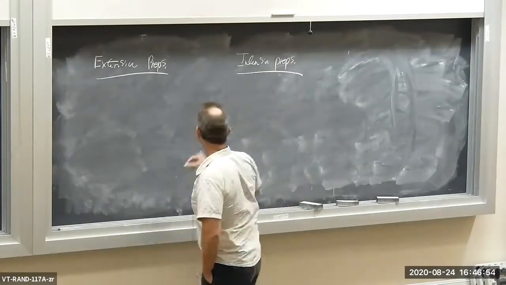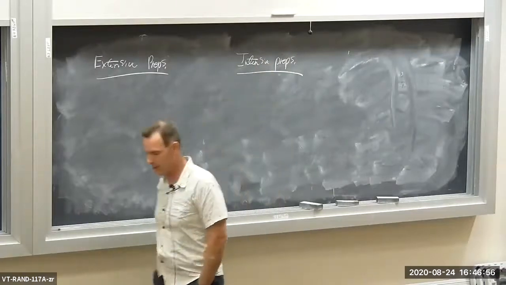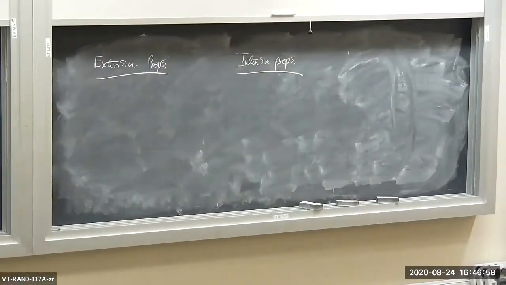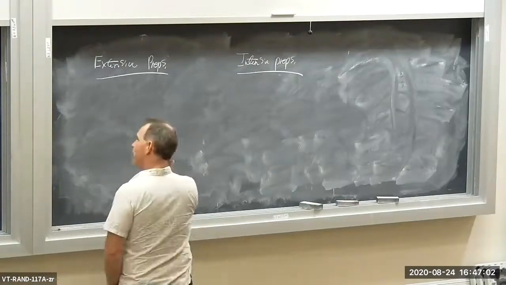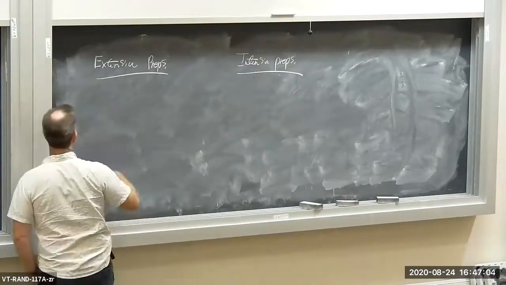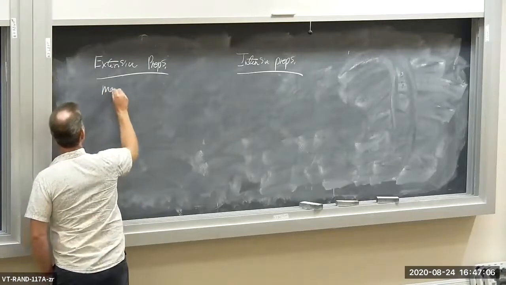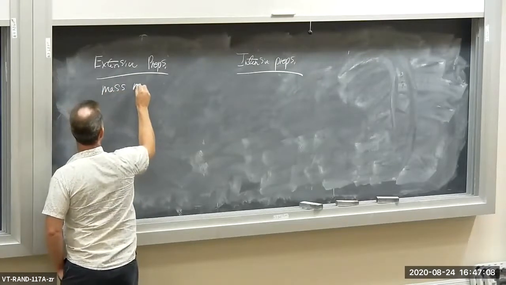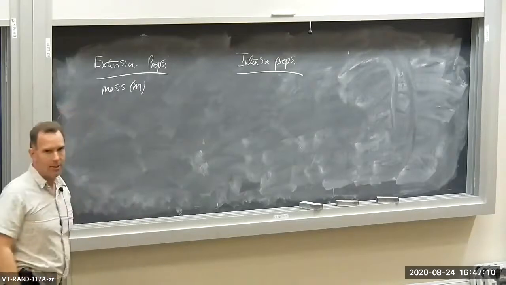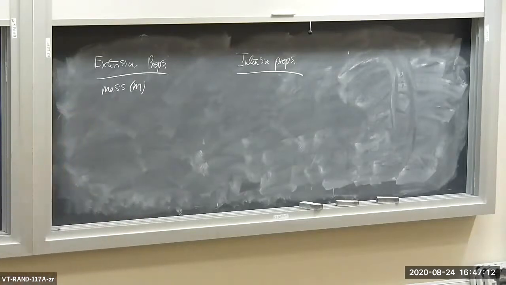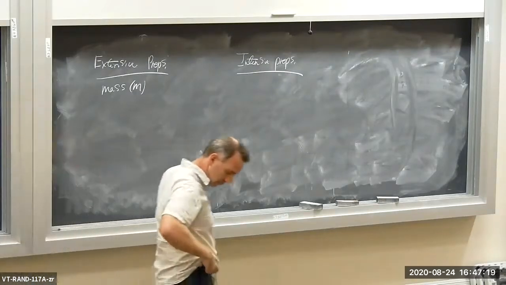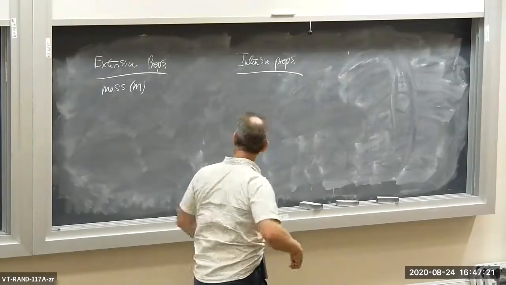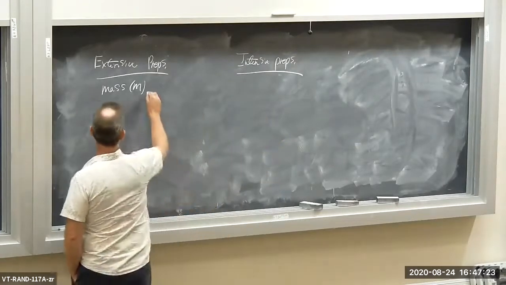Extensive props, intensive props. Well, the easiest one to do first is extensive. The first one that's pretty clear is the mass of the system, mass M. The bigger the system is, the more mass it has by definition. So mass is definitely an extensive property.